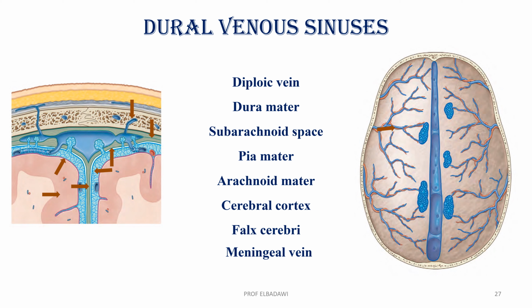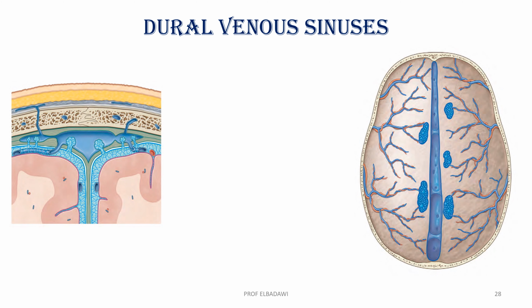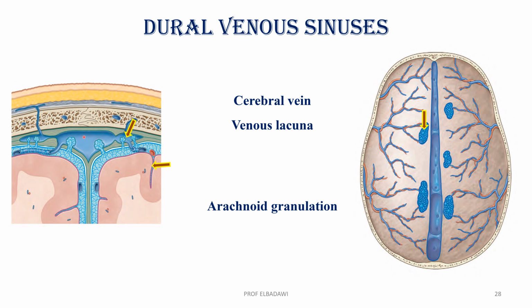Those are the meningeal veins, which we talked about, on the outer surface of the dura mater. And here are the cerebral veins, which can communicate with this or end in these sinuses. That's the venous lacunae on each side of the superior sagittal sinus, which can be seen on the outer surface of the dura, I'm sorry.